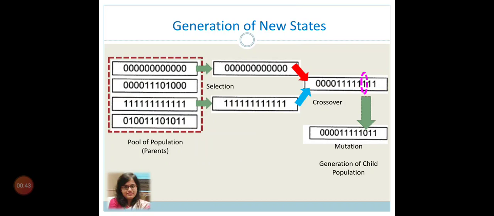So as you can see in this particular slide, how new states can be generated, that has been described. The details have already been shared with you. Currently, we will be focusing on mutation. That was the second stage of reproduction.